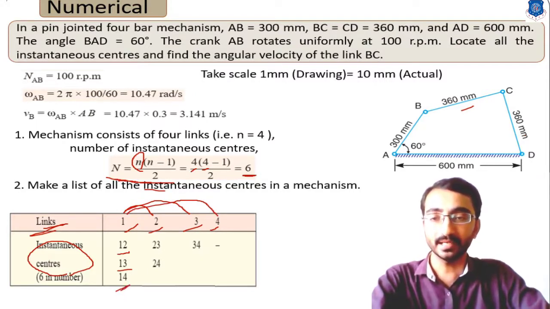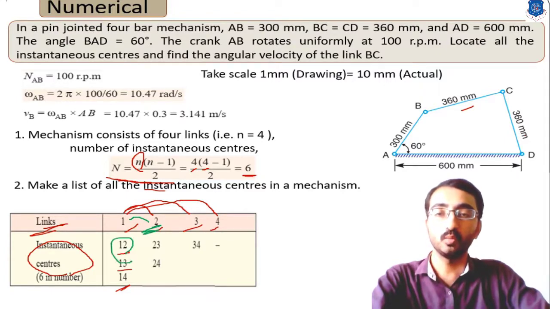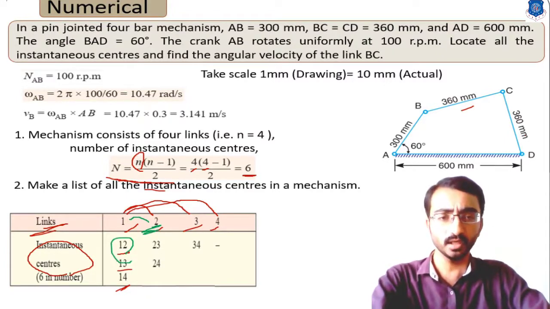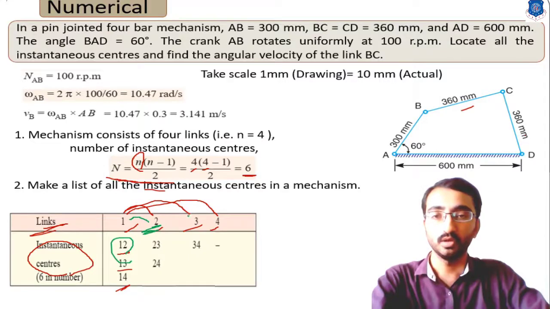Okay, now the second is link number 2. Link number 2 makes contact with 1, that is 2, 1 or 1, 2, both are the same. Now the second one is 3. For that, 2 will pair up with 3, so that's 2, 3, and 2 will pair up with 4, that's 2, 4.